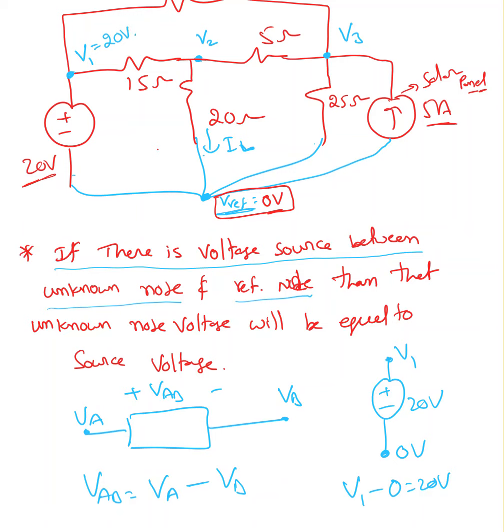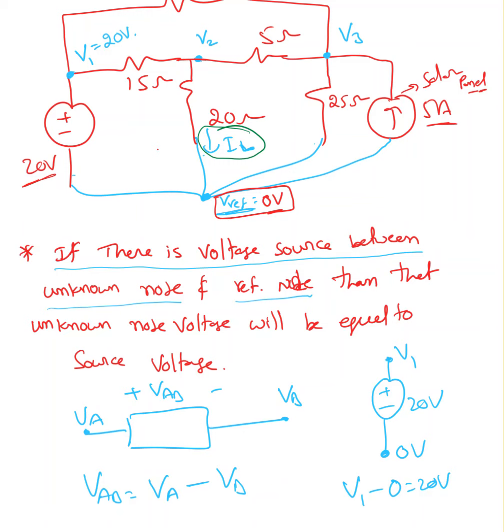Now our main goal is finding IL. I'm shifting my goal from finding IL to finding V1, V2, V3, because once I know V2, V2 minus V reference over 20 will give me IL.